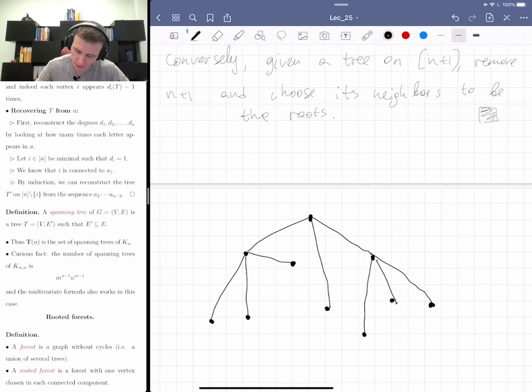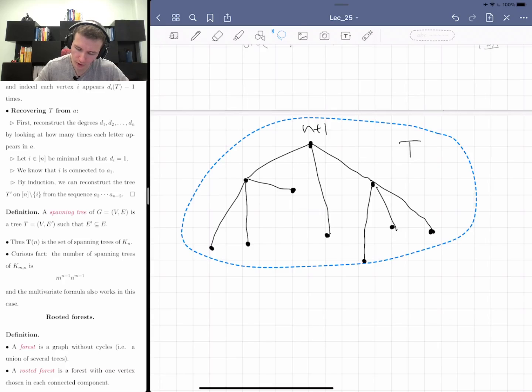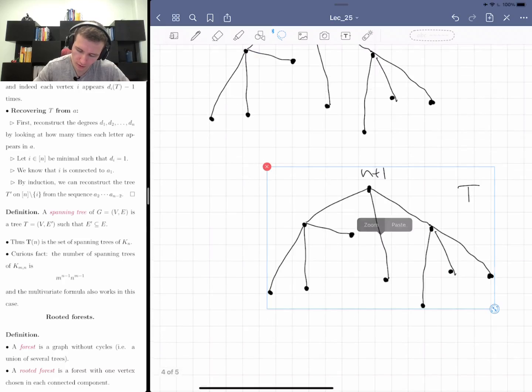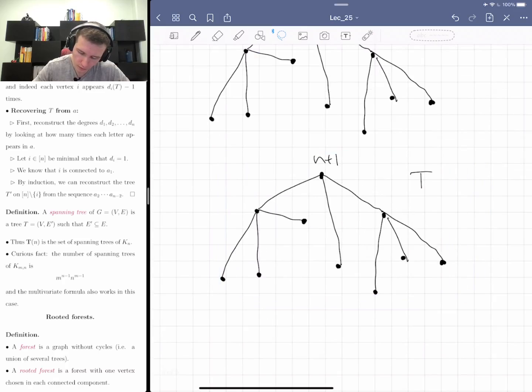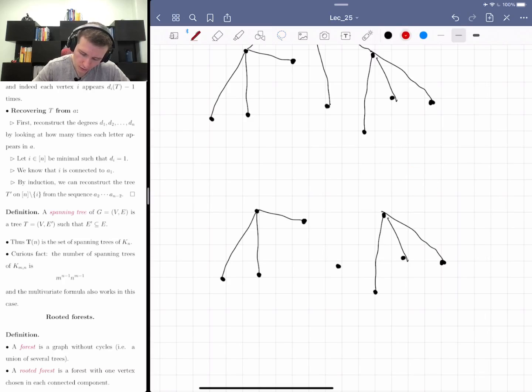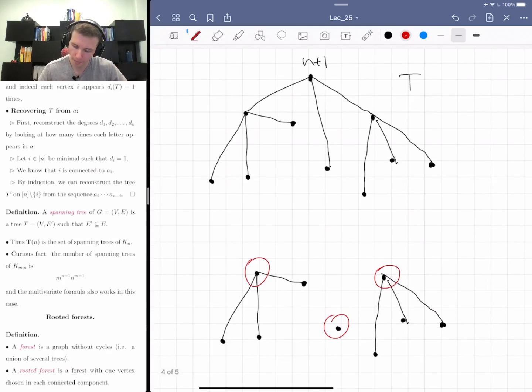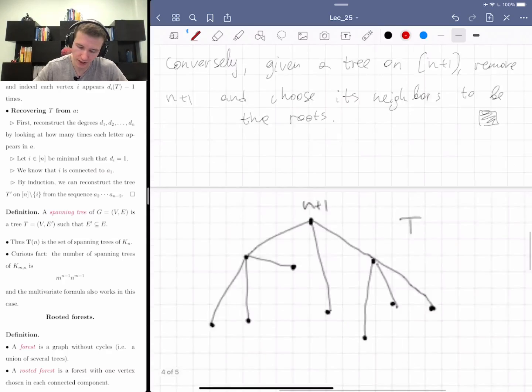If this is t and this is n+1, then you can make it into a forest by removing n+1 and making all of its neighbors the roots. So you're getting exactly the same number of connected components as the number of roots. And that's the end of the proof.